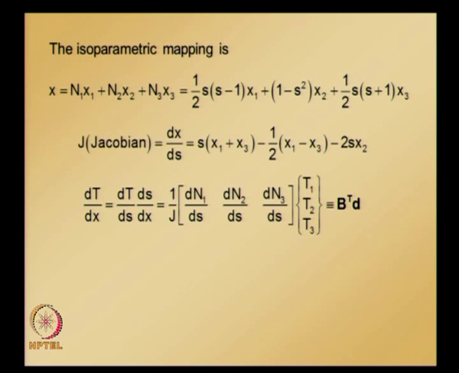So, to get ds over dx we require this Jacobian, which is ds over dx is nothing but 1 over J. So, using this equation, the first derivative of T with respect to x can be calculated, which can be compactly written as B transpose D, where B is defined as 1 over J times the first derivative of shape functions with respect to s, that is dn1 over ds, dn2 over ds, dn3 over ds.